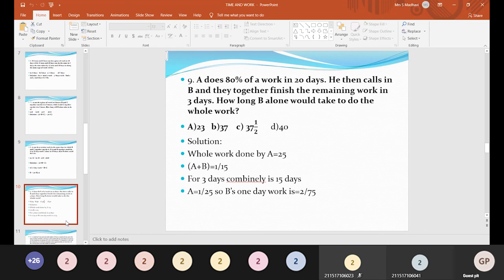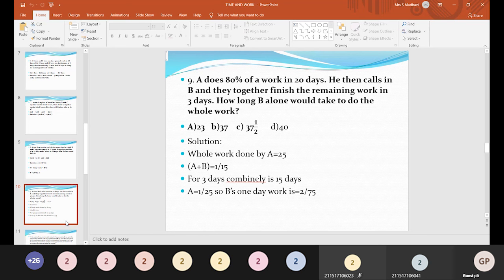From the 9th problem, A does 80% of a work in 20 days. He then calls in B and they together finish the remaining work in 3 days. How long would B alone take to do the whole work? The options are 23, 37, 37 1 by 2, or 40. Here, the whole work done by A is 20 into 5 by 4, which is equal to 25 days.